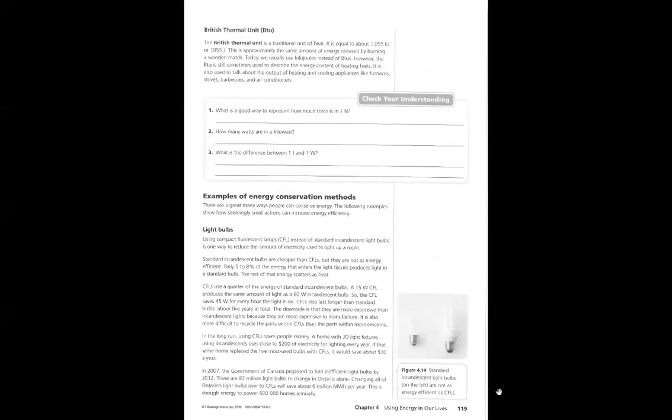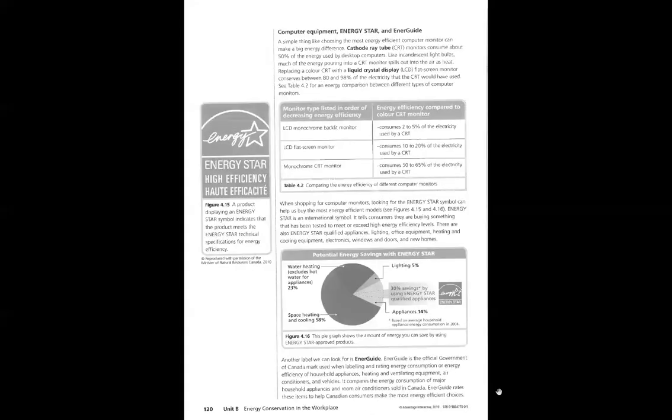Energy conservation. You should know about light bulbs, what the newer and the older ones are, and what each has for pros and cons. You should know about Energy Star efficiency ratings and appliances, and how you want that Energy Guide rating to be lower, and using the Energy Guide, which is the mark that shows you how much it's using.